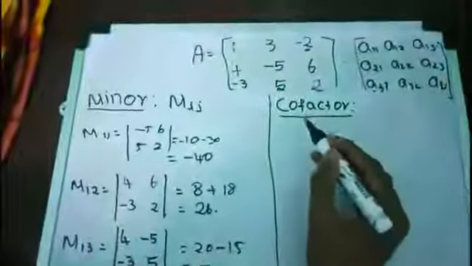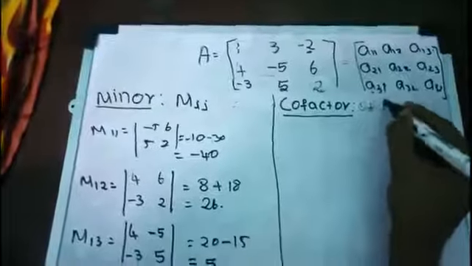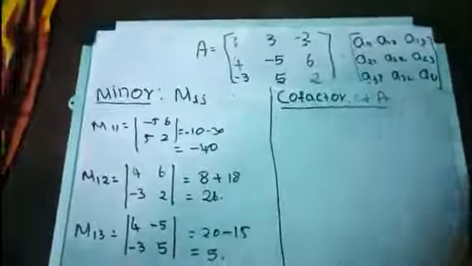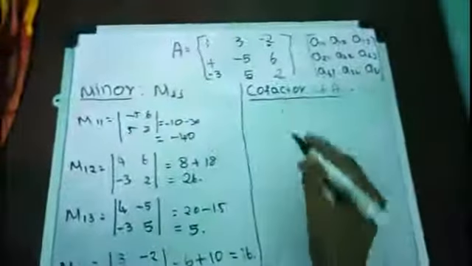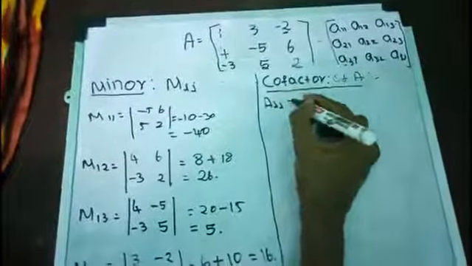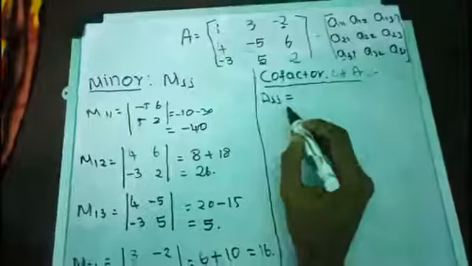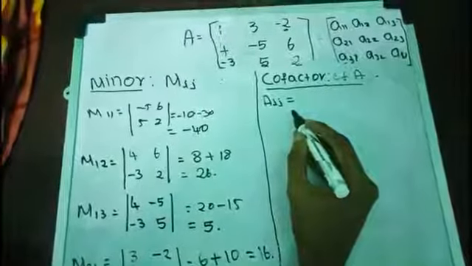Okay, next we have to find the cofactor of the given matrix A. So cofactor is generally denoted by Aij. So if you want to find the Aij value, you must have Mij.